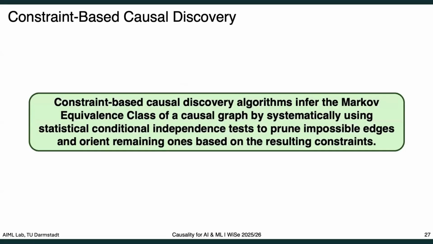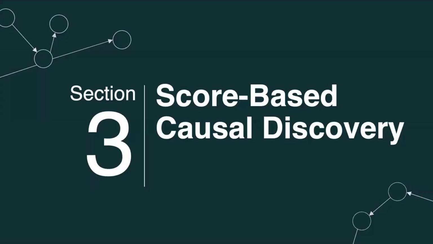Okay, this is hopefully understood by now, but just to summarize the general category again, constraint-based causal discovery algorithms infer the Markov equivalence class of a causal graph by systematically using statistical conditional independence tests to prune impossible edges and orient remaining ones based on the resulting constraints. But now we're jumping to a different class that is called score-based causal discovery.